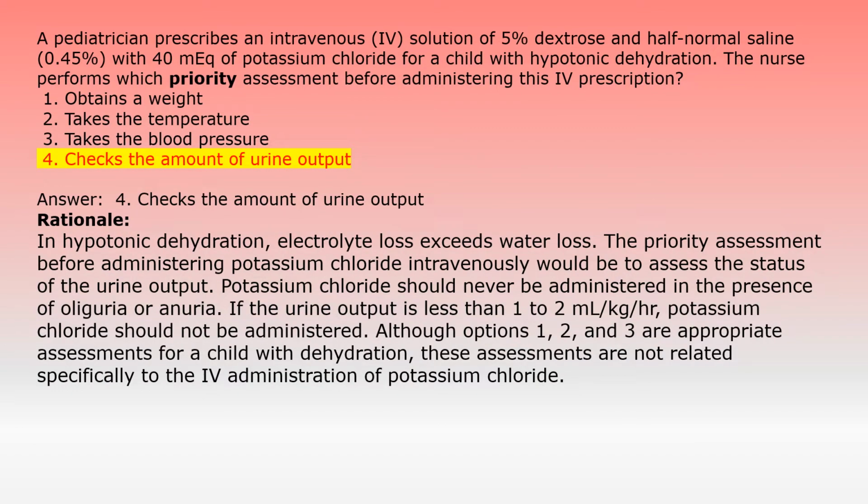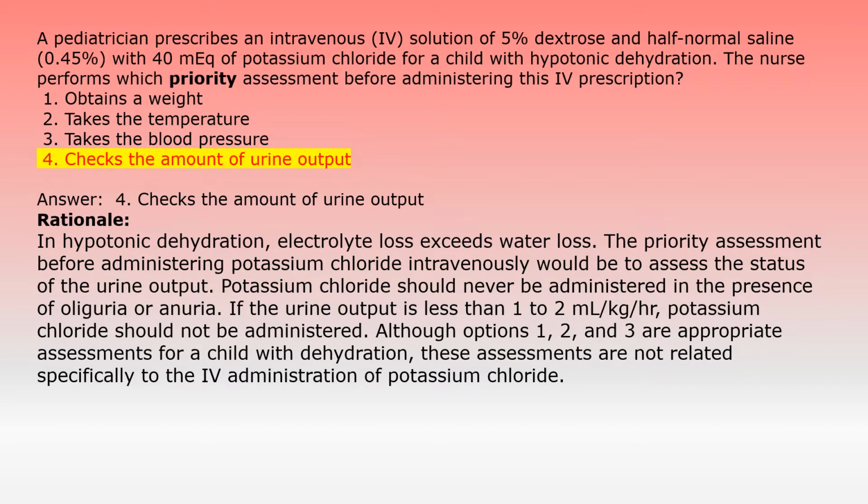Answer: 4. Checks the amount of urine output. Rationale: In hypotonic dehydration, electrolyte loss exceeds water loss. The priority assessment before administering potassium chloride intravenously would be to assess the status of the urine output. Potassium chloride should never be administered in the presence of oliguria or anuria.